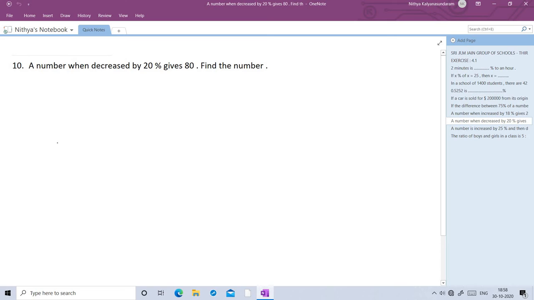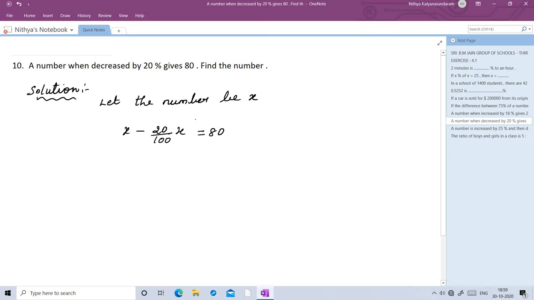Next question, a number when decreased by 20% gives 80. Find the number. So here we want to find the original number. Let the number be x. x minus 20%, so 20 by 100 into x, is equal to 80.